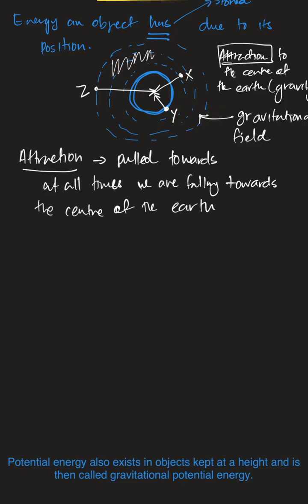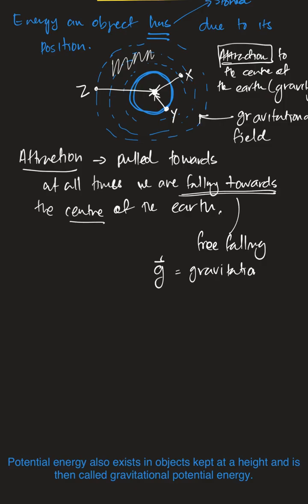Now, when I say falling, remember we spoke about in motion, we spoke about free falling. And if I'm falling towards the center of the earth, because that's where the gravitational pull is happening, from the center. If I'm free falling, the symbol we're going to use is G, which stands for gravitational acceleration. It's the acceleration at which you are falling.